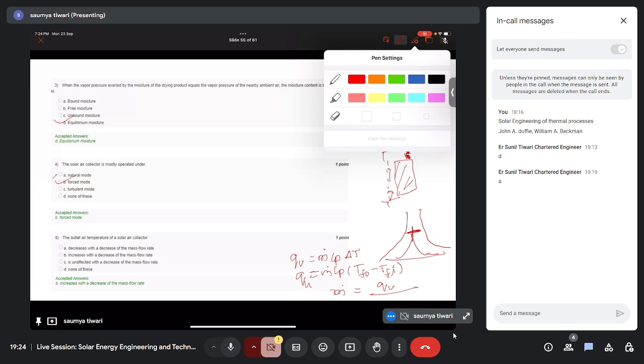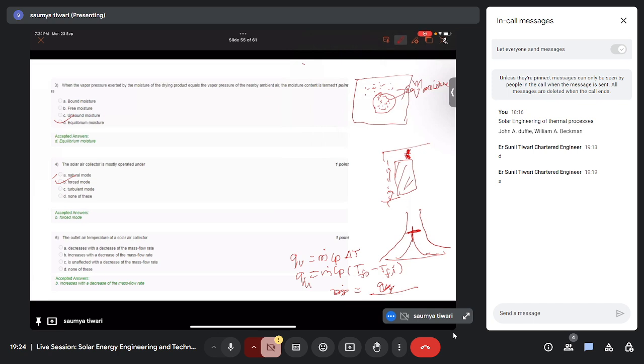So your Tf naught will be Qu upon m dot cp, plus Tfi, right? So you can see by this relation, if you decrease your mass flow rate, then your Tf naught will be increased. Your outlet air temperature will increase.